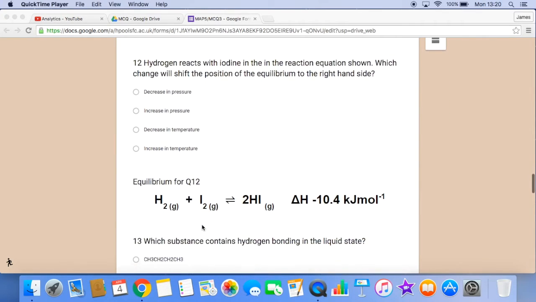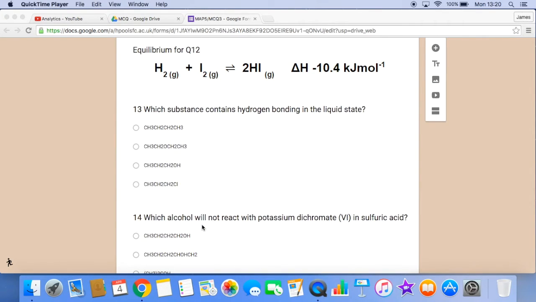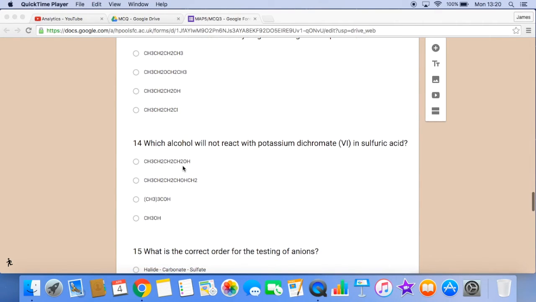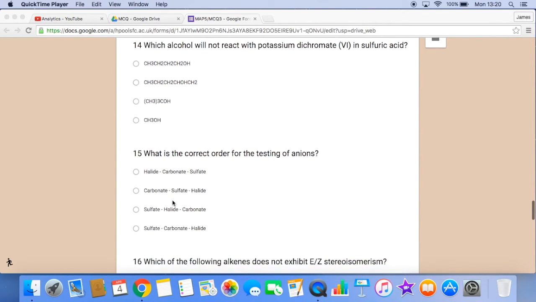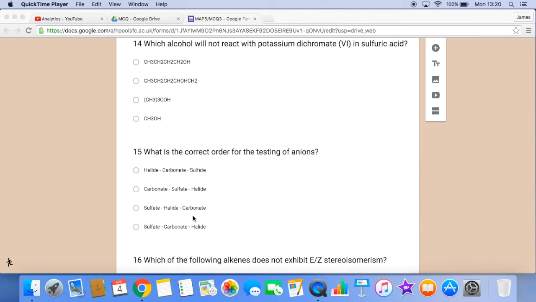Question 13, the answer was this one here. Question 14, the answer is this one here. Question 15, the correct order, well, I use an acronym CASH, so it's carbonate, sulfate, halide.